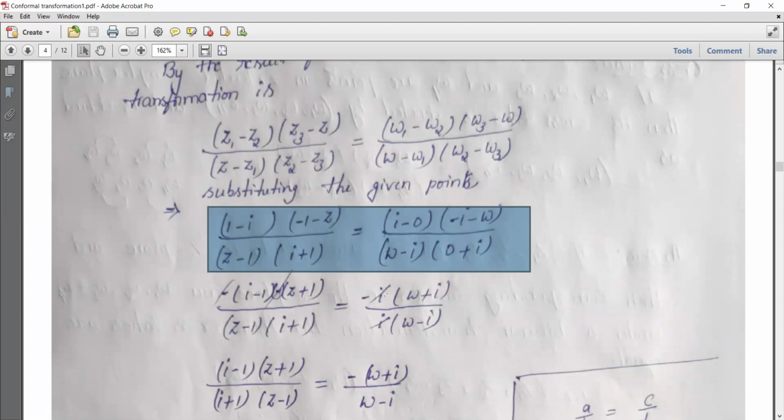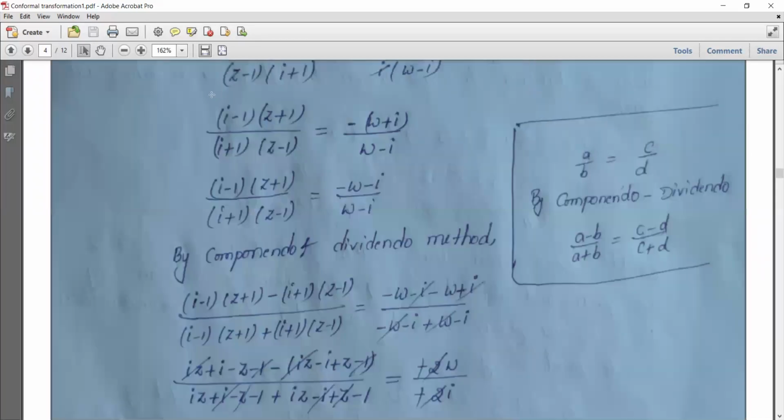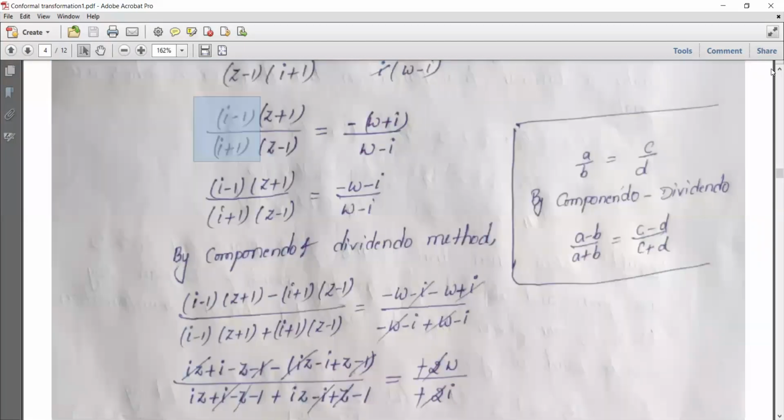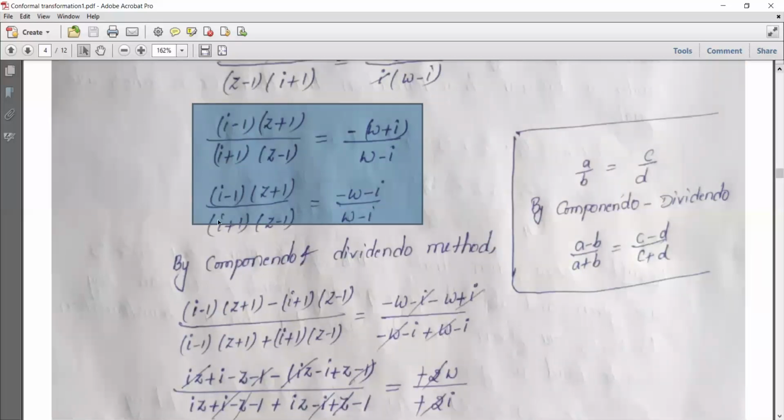So now, numerator I and denominator I get cancelled in RHS. In LHS, the minus gets cancelled. The rest are (I minus 1)(Z plus 1) by (I plus 1)(Z minus 1).